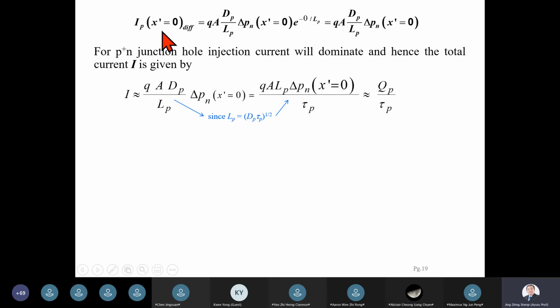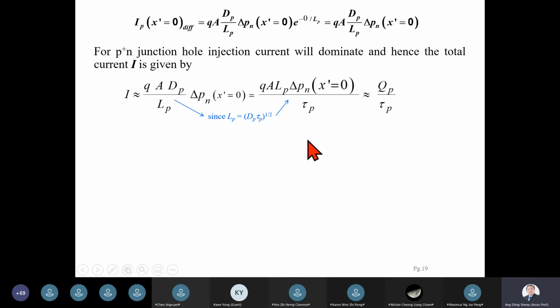In other words, the total diode current, which is a summation of the respective minority carrier diffusion current densities at the edges of the space charge region, can be simplified as follows, where we only consider the diffusion current due to the holes, due to the predominant hole injection over the electron injection in the P plus N diode.